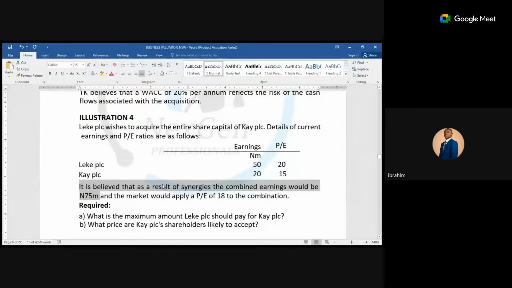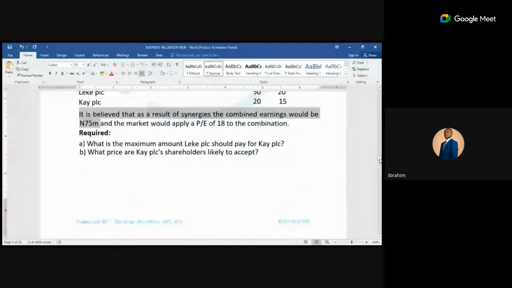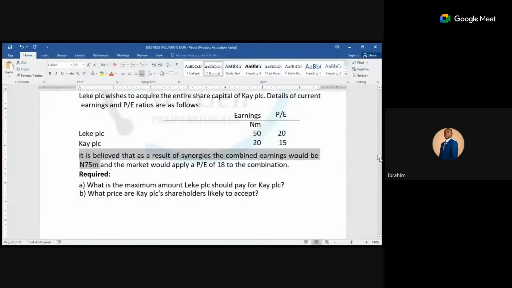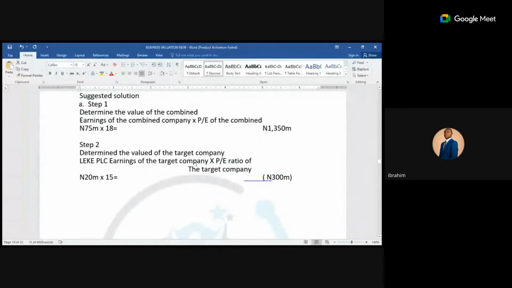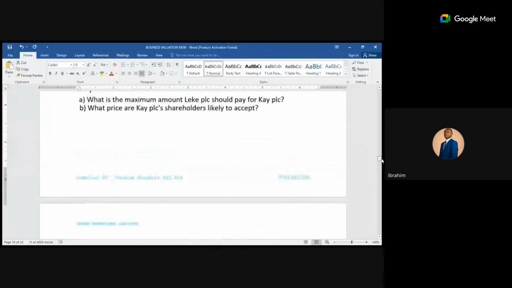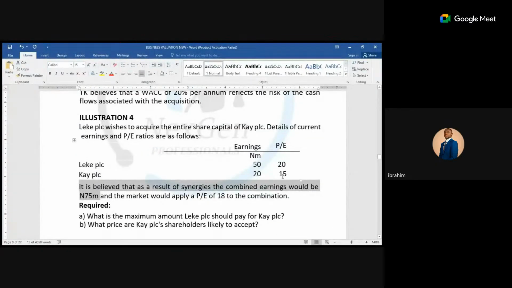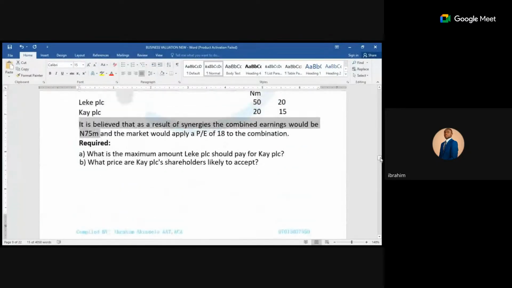And you have been asked how much Lekki will pay for it. What we're supposed to do is to remove the value of Lekki PLC from the total. So the balance will give us the amount at which you can pay for Lekki PLC. Right? So we can have 50 times 20.